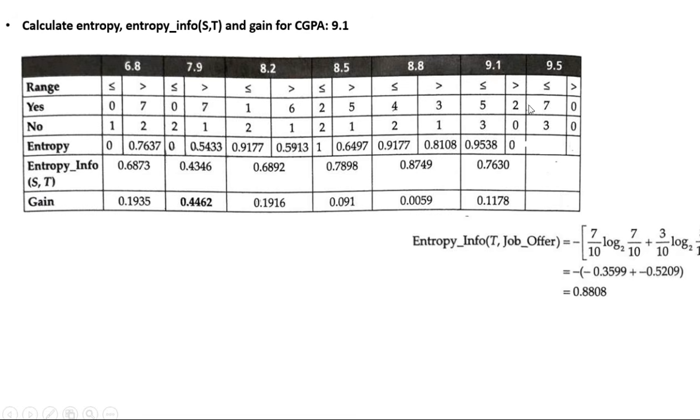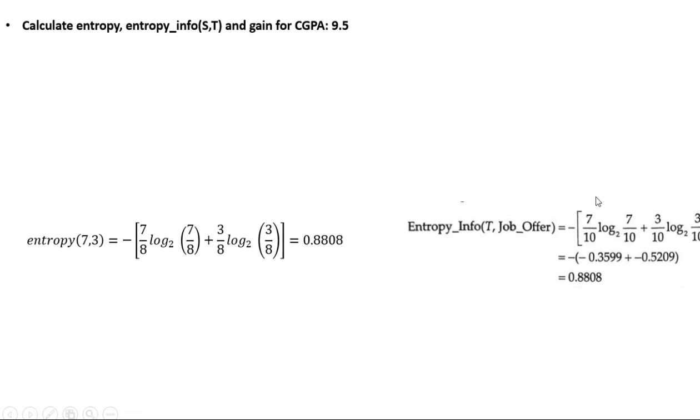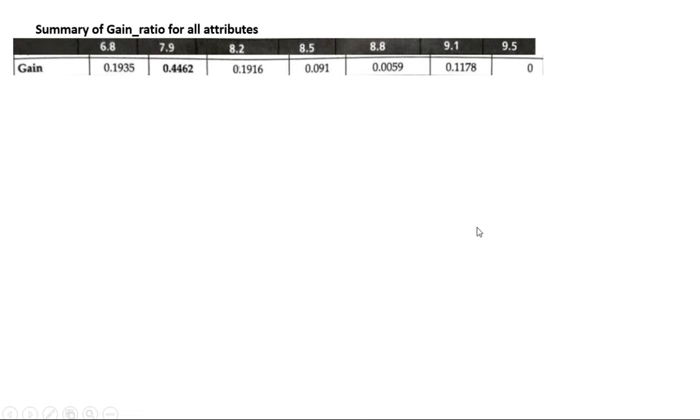Now let's repeat again for 9.1. Okay, now again let's repeat for CGPA 9.5. Okay, so like this, after finding the values for all of them, now summarize.